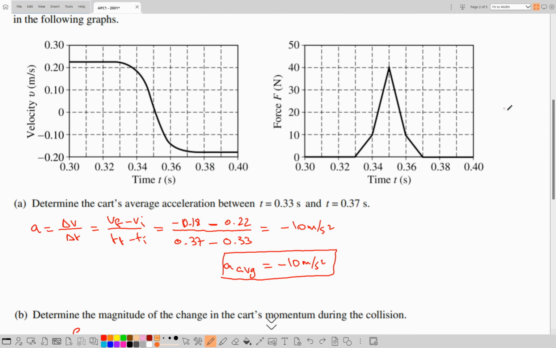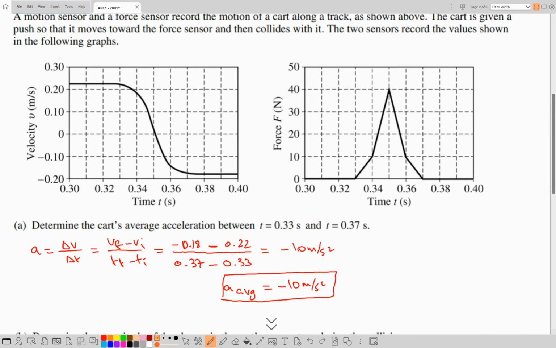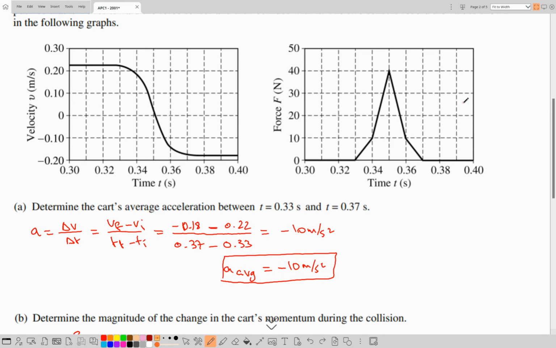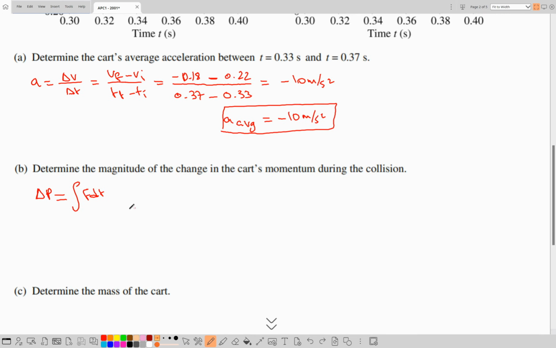So the change in momentum is determined by finding the area under the F-t curve. Here we can split the curve into several areas. Let me say that this is 1, that would be 2, that would be 3, and that would be 4, which is given by A1 plus A2 plus A3 plus A4.